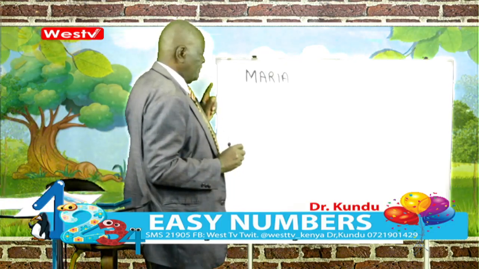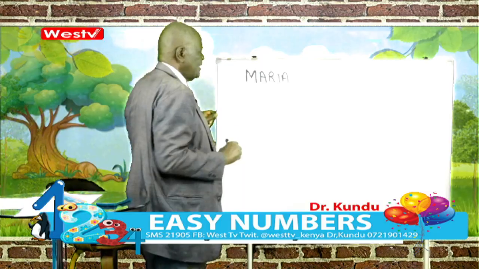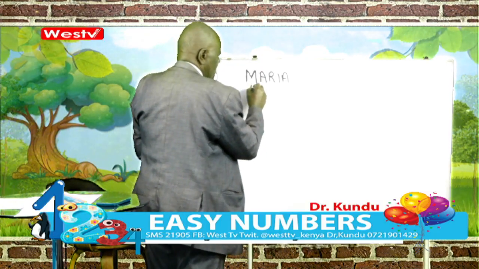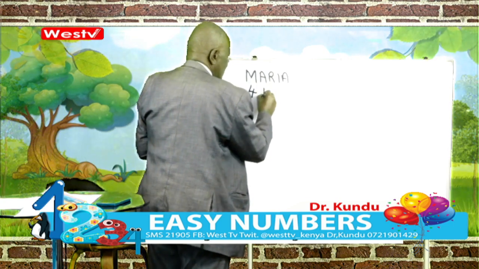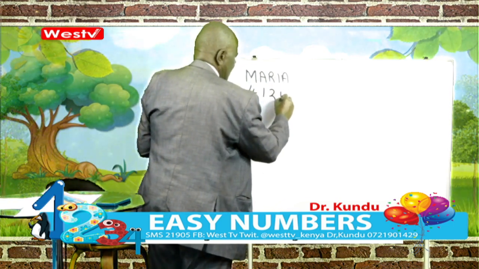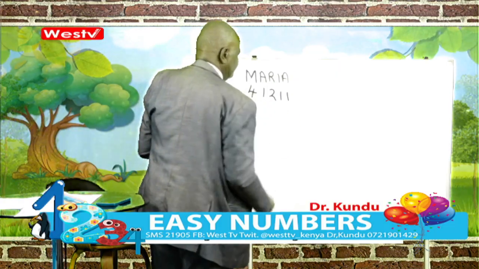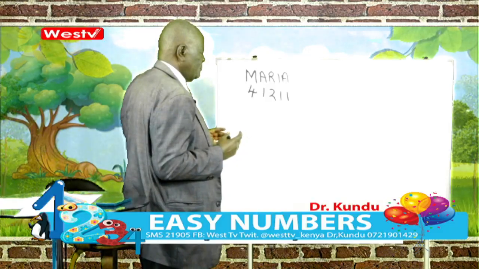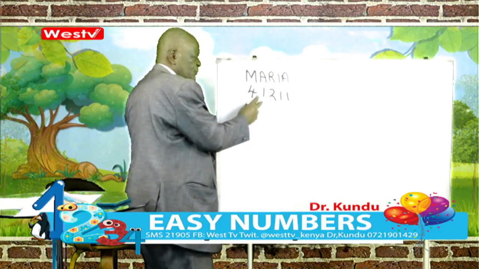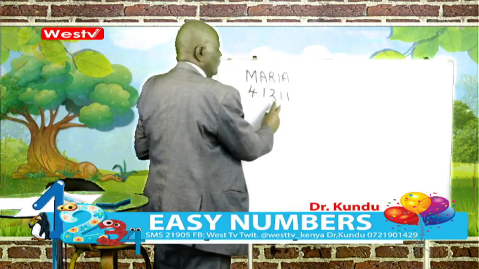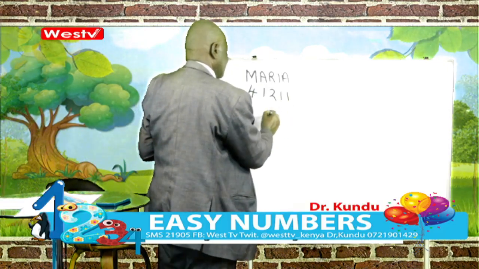If you have a name like Maria, it will vibrate. M will be 4, A will be 1, R will be 2, I will be 1, and A will be 1. So the total vibration of this name will be 4 plus 1, which is 5, plus 2, which is 7, plus 1, which is 8, plus 1, which is 9.